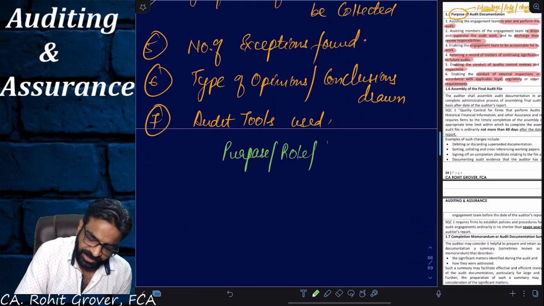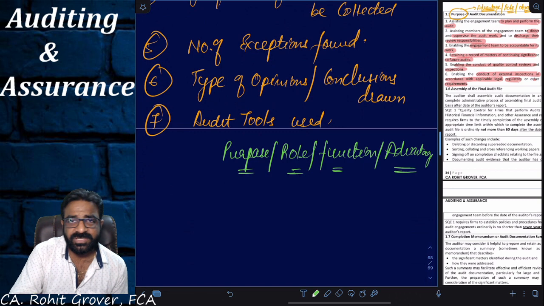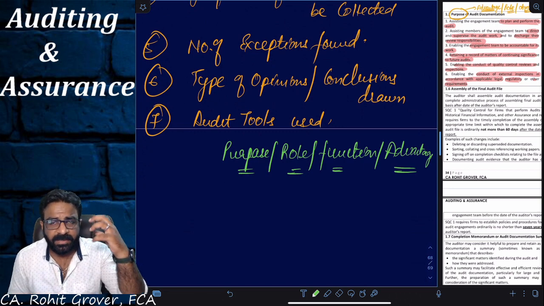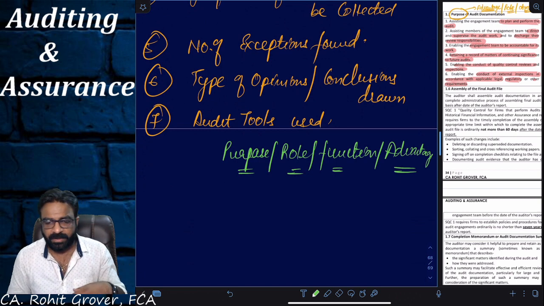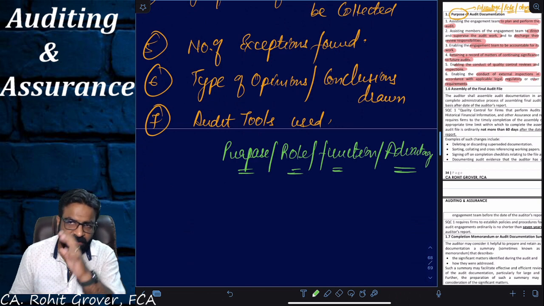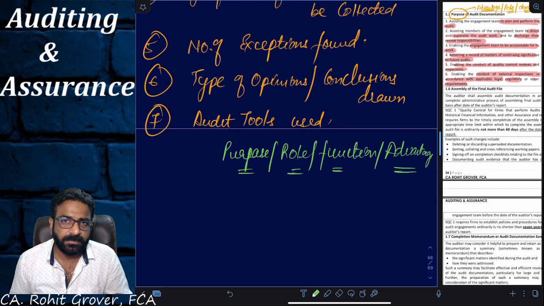What is the function? And what is the advantage? When we write it after learning it, don't you think it becomes a second revision for you? Yes, it helps you retain the matter for a longer period of time. I have a habit: whenever I do something, it's better to put it on a piece of paper. Are we also doing the documentation or not? Yes. So that's the reason.